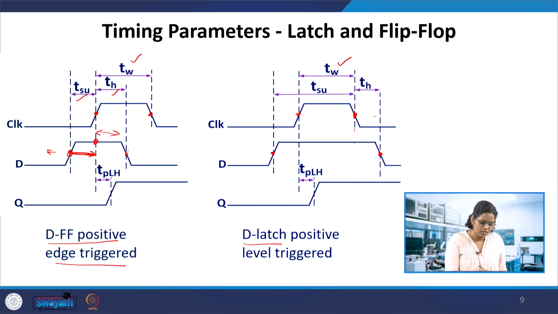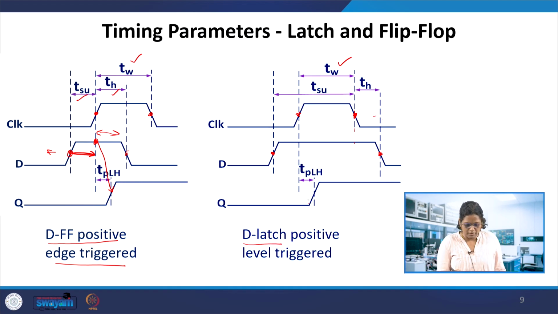So this will be transferred to Q with a delay. The data which changed before the setup time can be reflected only after the clock edge passes. From the clock edge to Q, this delay is the TPLH delay, because here the output has a low to high transition.